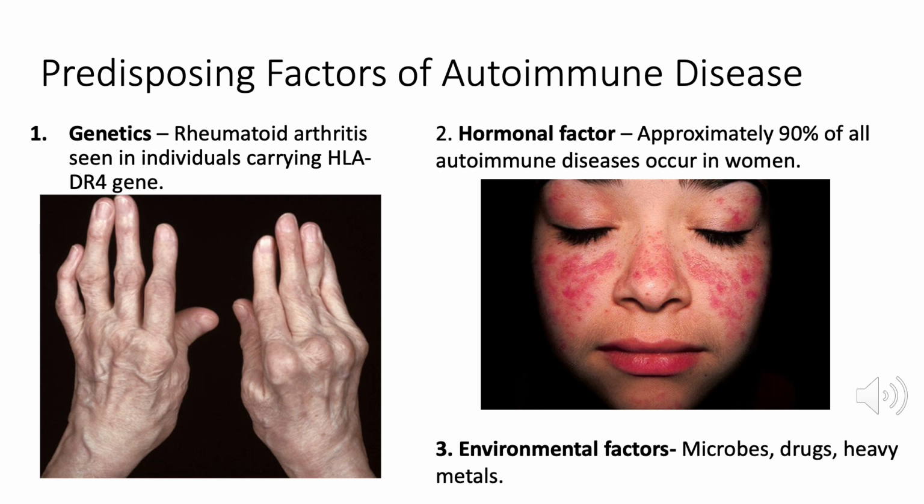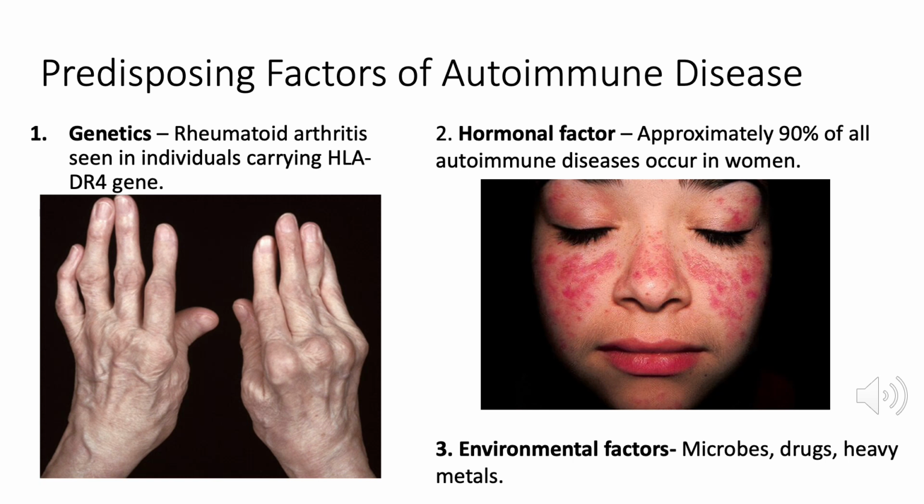There are several environmental agents that trigger autoimmune diseases, most of which are either bacteria or viruses. For example, pharyngitis caused by Streptococcus pyogenes predisposes to rheumatic fever, affecting the cardiac myosin.